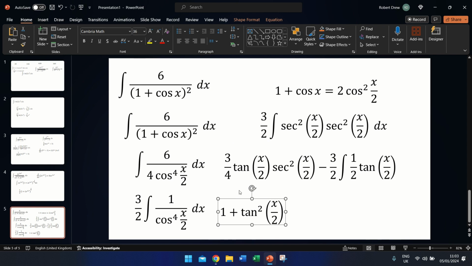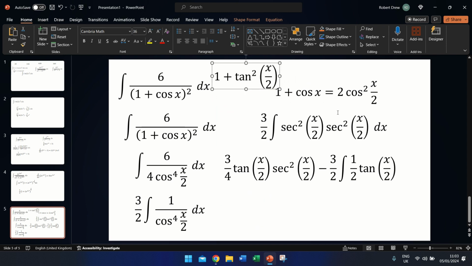So the 2 comes down, the half comes out, which cancels. So you're just left with a half. Sorry, you're just left with tan x over 2 times the derivative of tan, which is sec squared x over 2. So sec squared must differentiate to tan x over 2 times, oh no, wait, I've got that, yeah, times sec squared.